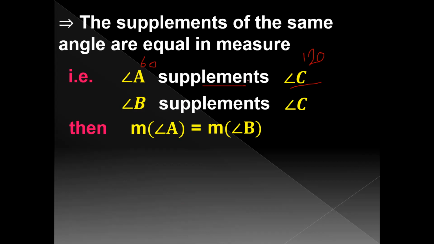To be supplementary, their sum should equal 180 degrees. Angle B will be 60 also. We find that angle A equals angle B in measure. So the supplements of the same angle are equal in measure.